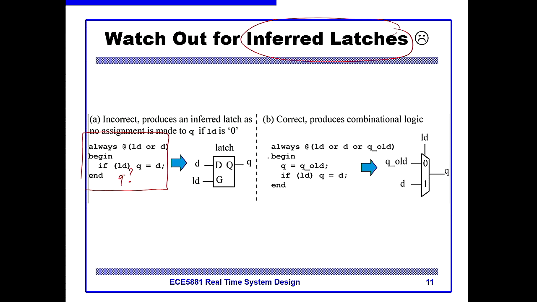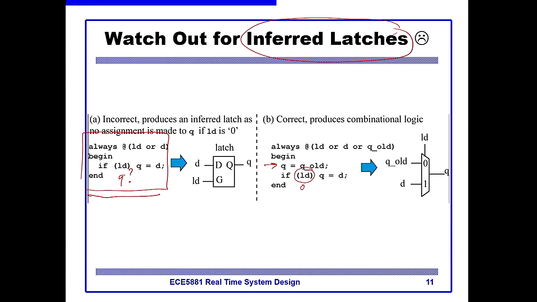If you look at the implementation on the right, if load is equal to 0 here, we've already defined what happened to Q, so it doesn't get overwritten in the second statement. So that means we are defining what happens to Q for all possibilities. So if you look back at the first case, when load is equal to 0, we don't want to change Q. That's what this means. So if you don't want to change a signal, you actually have to use the old value. You're not changing it, you've got to respect the original value.